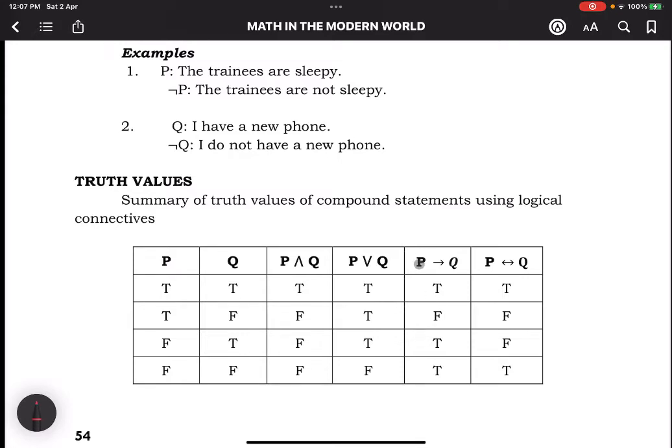Next, for "if P then Q," the evaluated truth value is false only if P is true and Q is false.